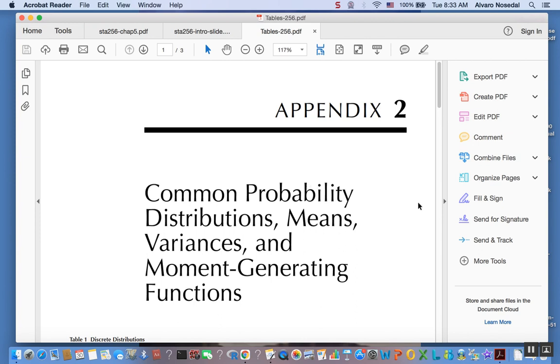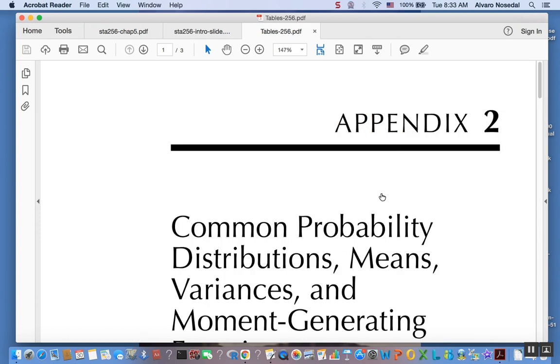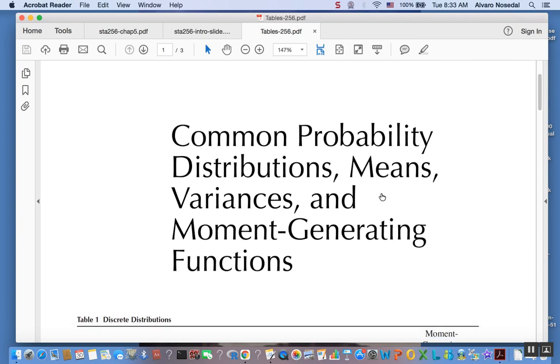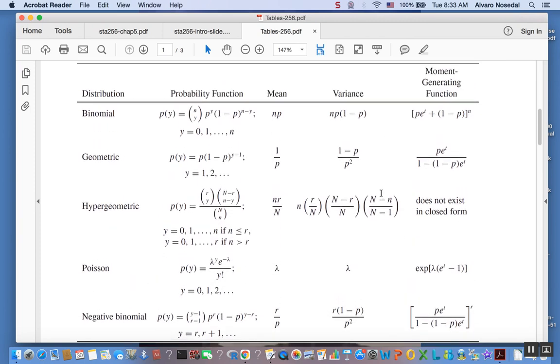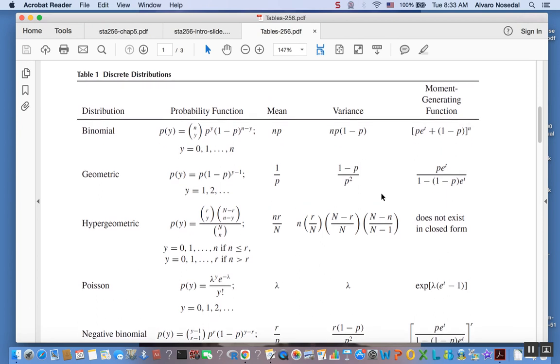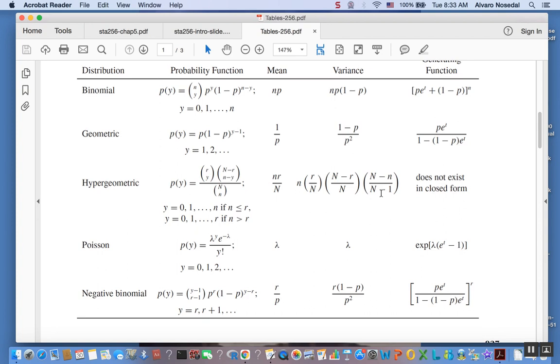Okay, I'm back. So again, if you go to page 837, you're going to be able to find these common continuous and discrete distributions. For this example, we're interested in a Poisson random variable.